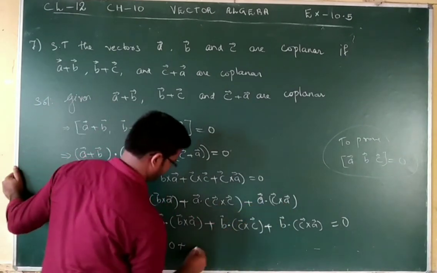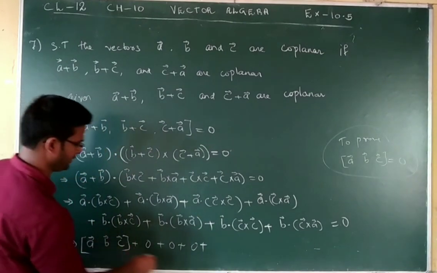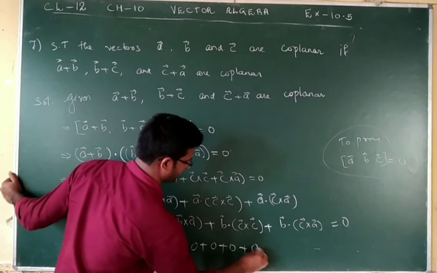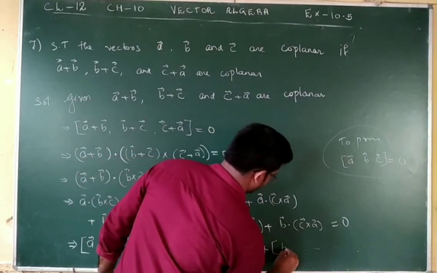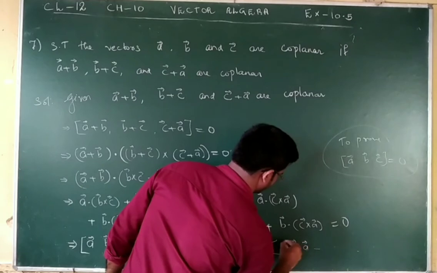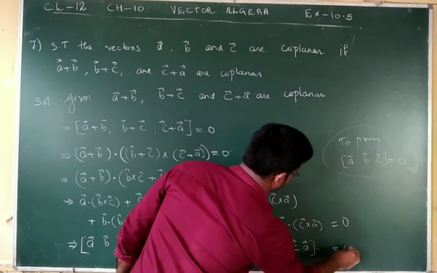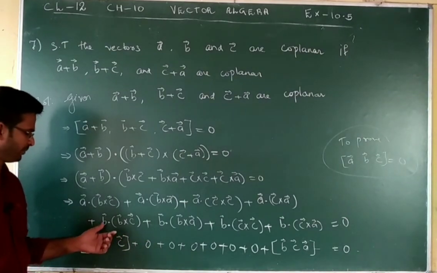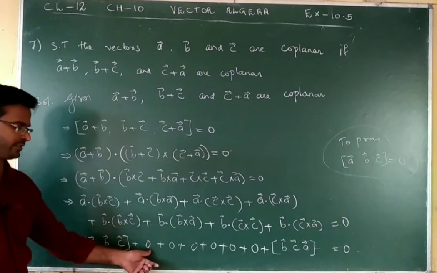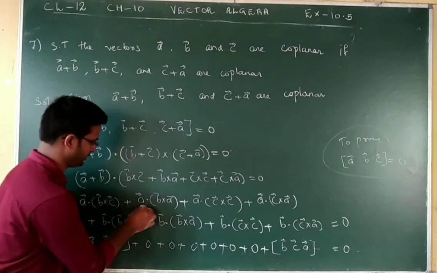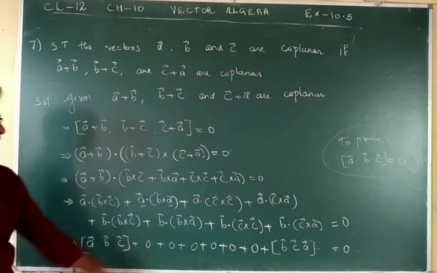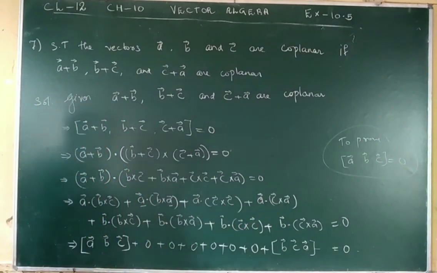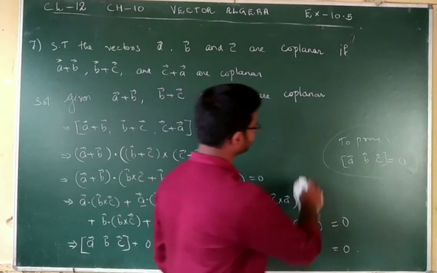In here also A A. The next B B. Next in here also B B. Here C C. Then last, B C A. Why have we written 0? Any vector repeated in a scalar triple product gives answer 0. Look, A and A twice repeated there. Then C and C. In here A and A. So we can write all zeros.